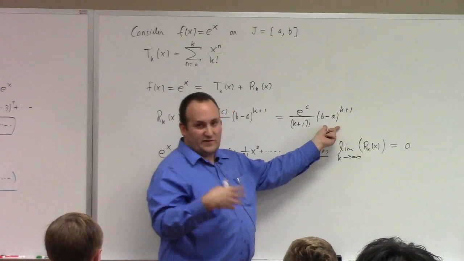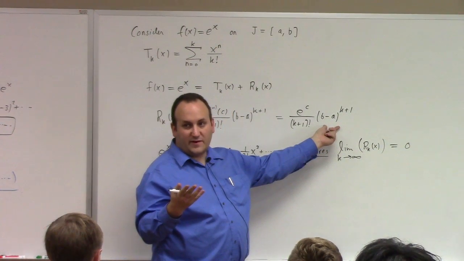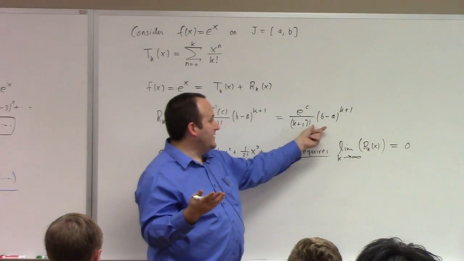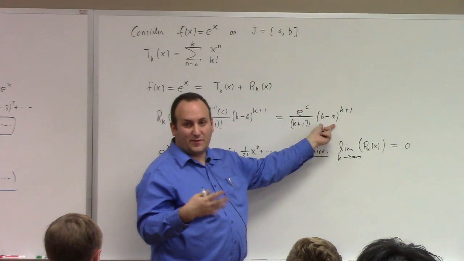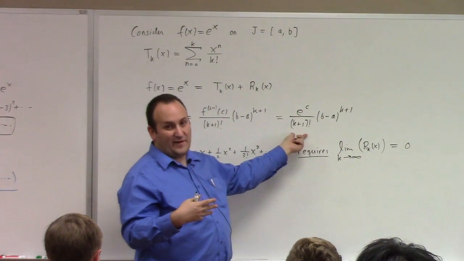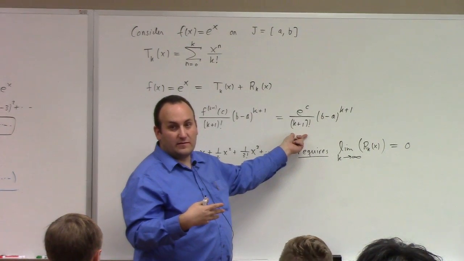You've got b minus a, which is just any old number that you like. Make it as small or as big as you want, it doesn't matter. As k goes to infinity, what do we have? We've got a number to the k plus 1 power versus k plus 1 factorial. The factorial wins eventually, right?